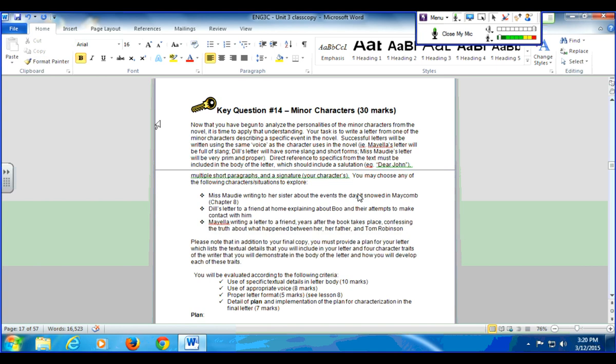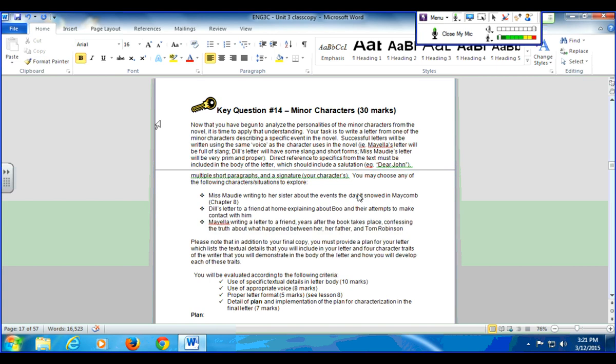Successful letters were written using the same voice as the character uses in the novel. So, for example, Miss Mayella's letter will be full of slang. Dill's letter will have some slang and short forms, really short sentences. Miss Mowdy's letter will be very prim and proper.